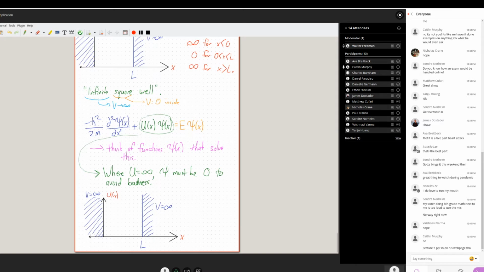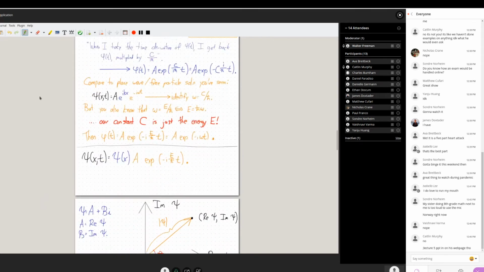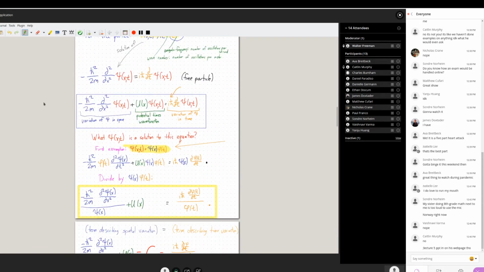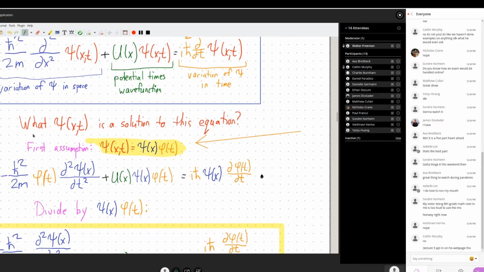Could you go over why there's no time dependence in that equation again? Why there is no time dependence? Absolutely. So what we did, going back up, a way back, this is kind of a review of what we've been doing since I've been here, is the first assumption we made is that the wave function's dependence on both space and time is separable, right?